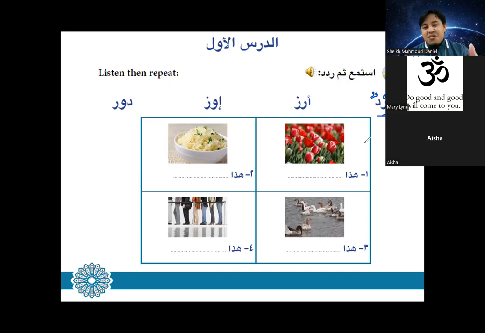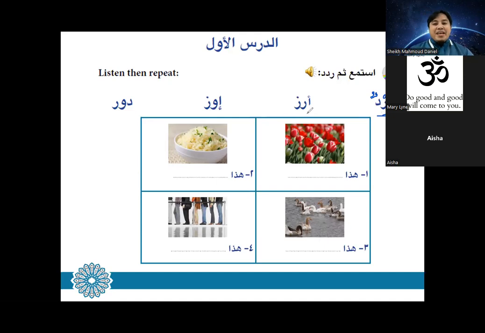Even though I cannot hear you, just please follow what I am saying. When I am saying the letter and uttering the word, you can also say it by yourself, okay? So the first word again, wardun. And later on, I want to hear from you the meaning of wardun and the rest of the words.